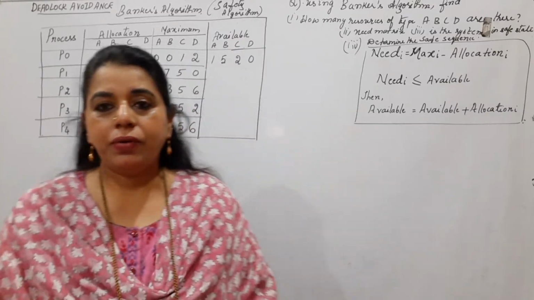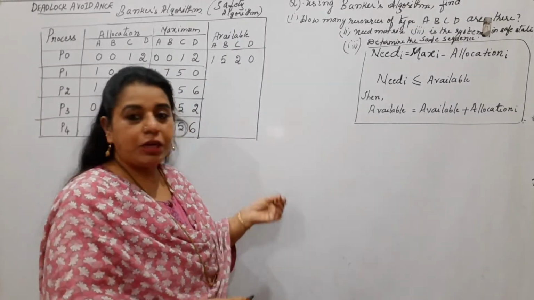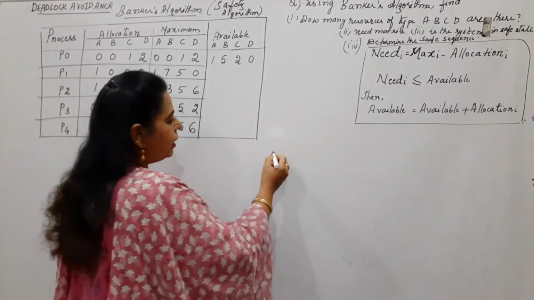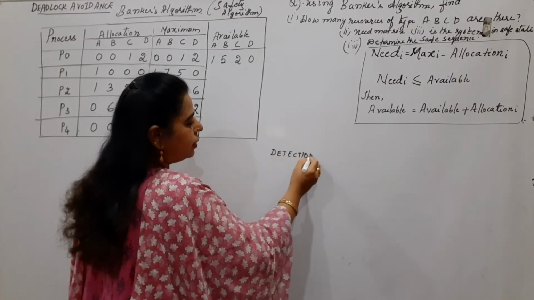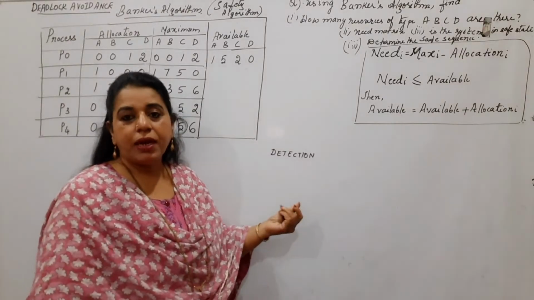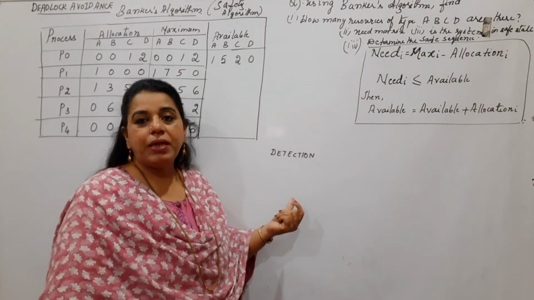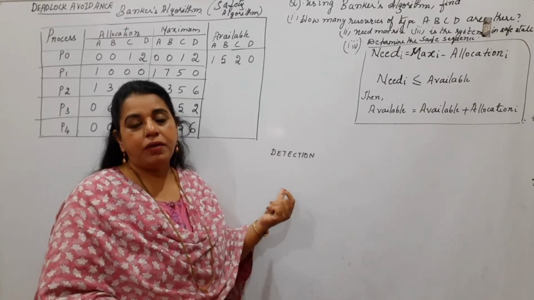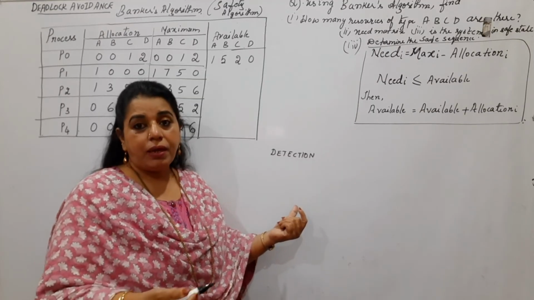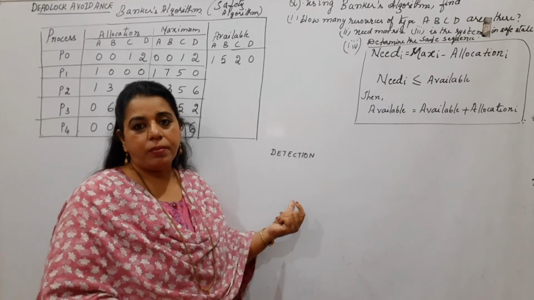If you have to compare deadlock detection with deadlock avoidance, normally you are going to use the deadlock detection method. Definitely, even with this we can come to know whether the system can be in the safe state or not, by seeing whether the resources requested by the different processes can be accepted or not by the system.